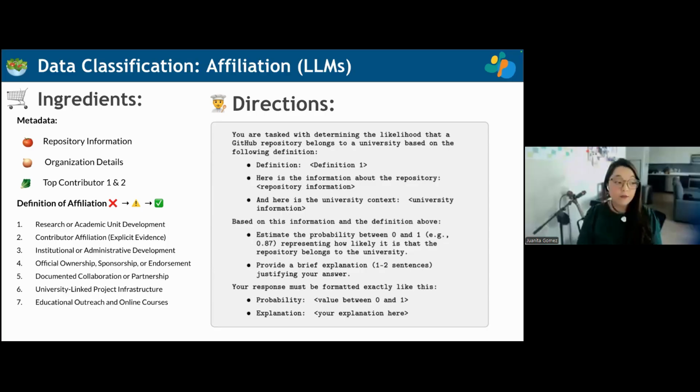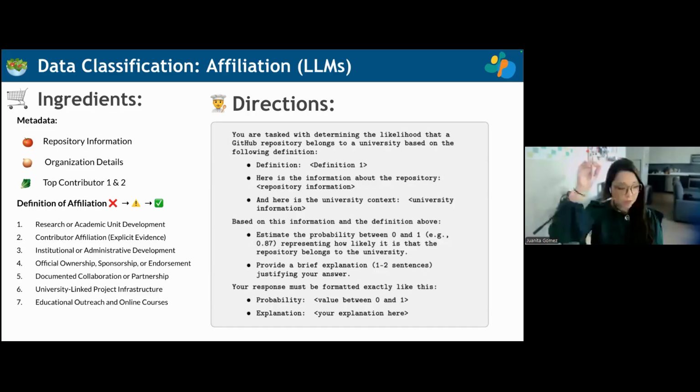And then one of the hardest things to do for this was actually coming up with a definition of affiliation. This is something that I had to do by trial and error, basically just trying different definitions, testing with some manual labeling and seeing how the LLM was performing with different definitions. This is something that I can definitely still improve, but this is the definition that I have for now.